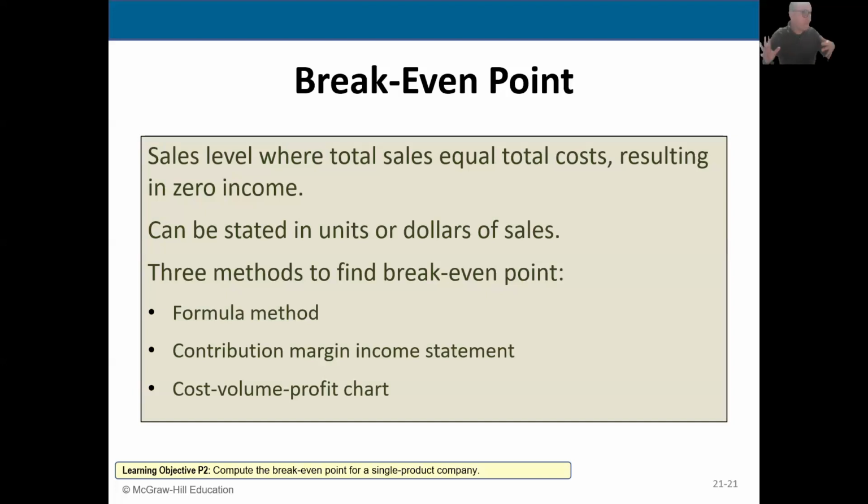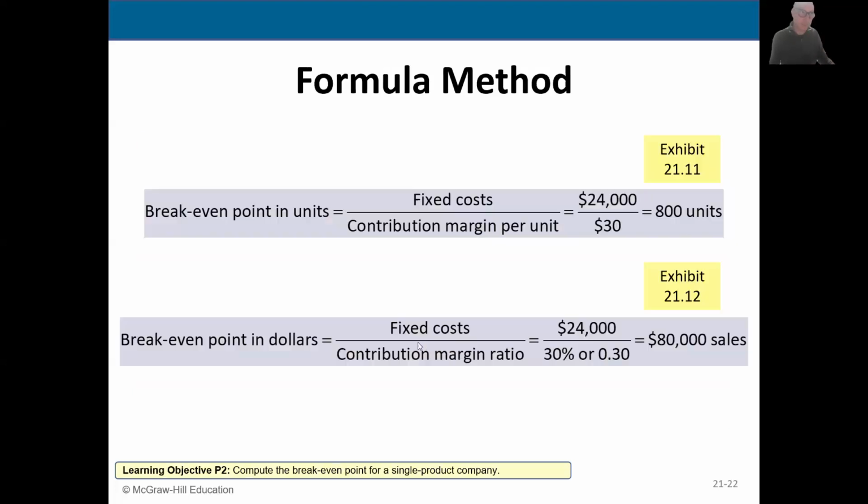We're going to use the same football manufacturer example that we did before. Remember, our sales price is $100 per unit. Our variable cost is $70 per unit. The company has a total fixed cost of $24,000 per month. Okay, let's take a look.